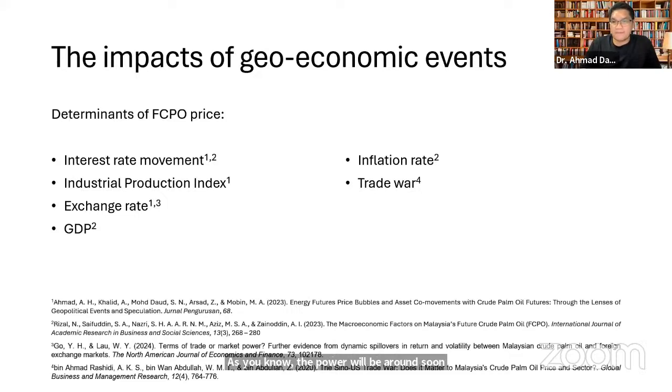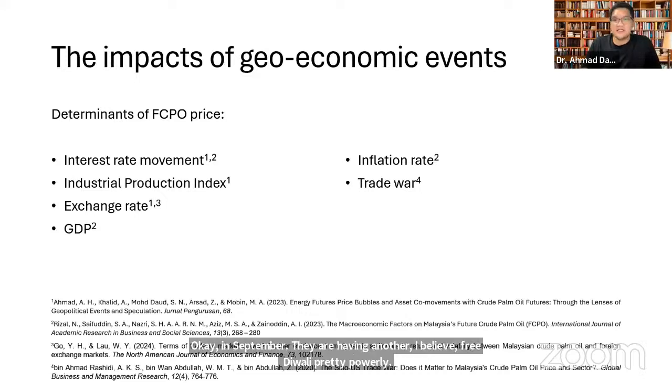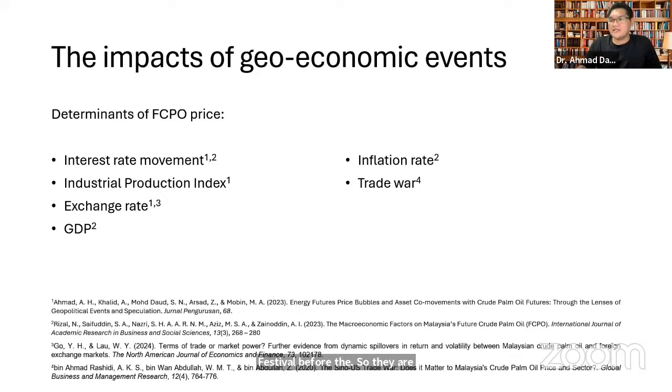In September, they are having another, I believe, pre-Diwali festival. They call it Dasara. So they are going to have a festival and they need to cook, they need food, so they need more cooking oil. So you will most probably see FCPO prices go up.